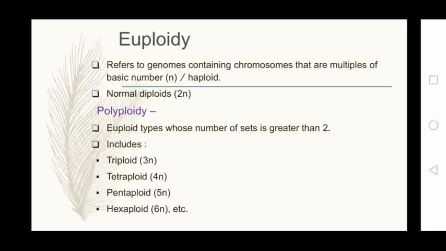The basic chromosome number in any organism is represented as a haploid set, and we represent the haploid set as n, and normal diploid organisms are represented as 2n, that is those organisms carry 2 copies of chromosomes, that is why we represent them as 2n.